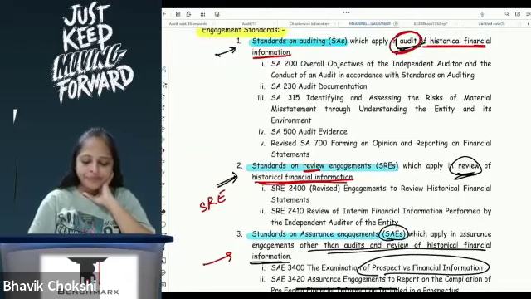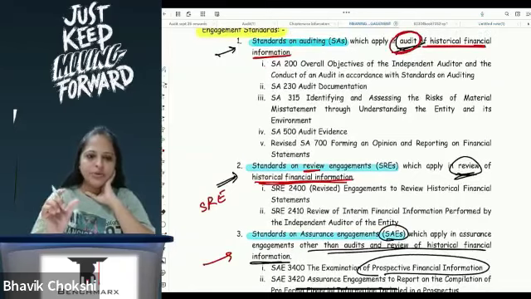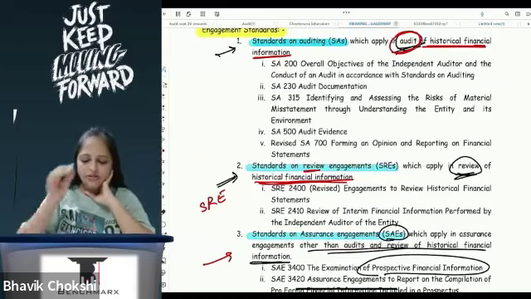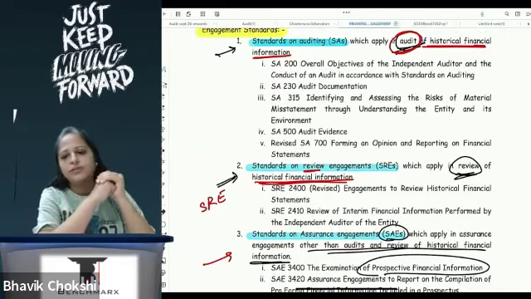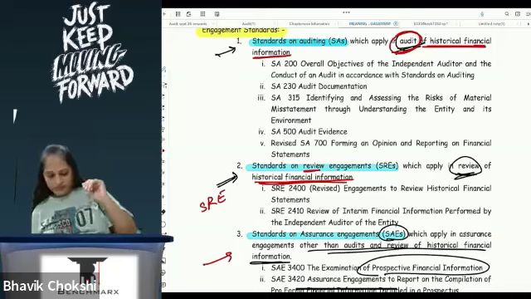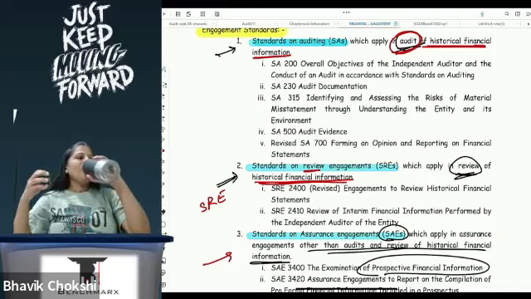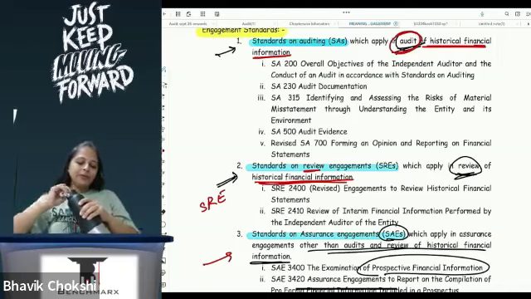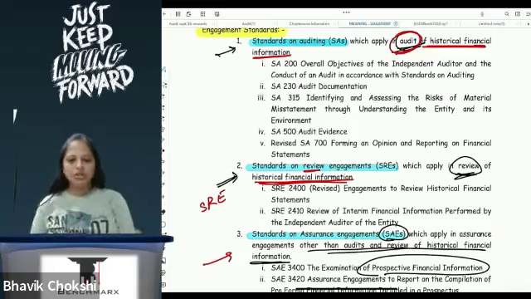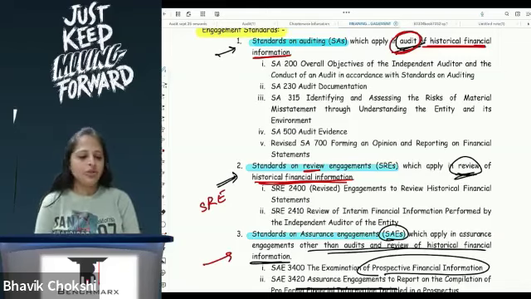Below that write down, with a different color pen, review of historical financial information, and below that write down limited assurance.